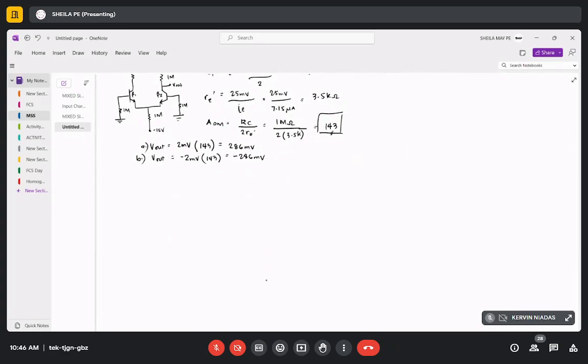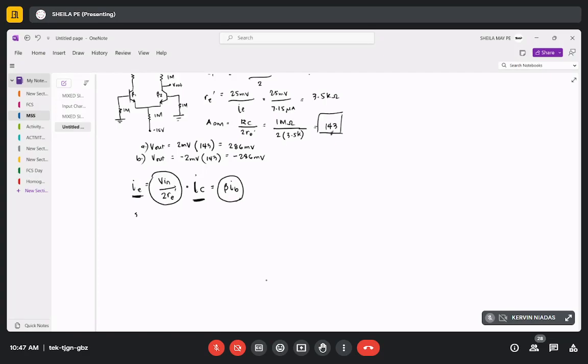If we are given an IE, which is Vn over 2 Re prime, that is just equal to our IC, because IE is almost equal to our IC. Now remember, in finding our IC, that's beta IB. So basically, our Vn over 2 Re prime is just equal to our beta IB. Gi-equate ra na silang duha.